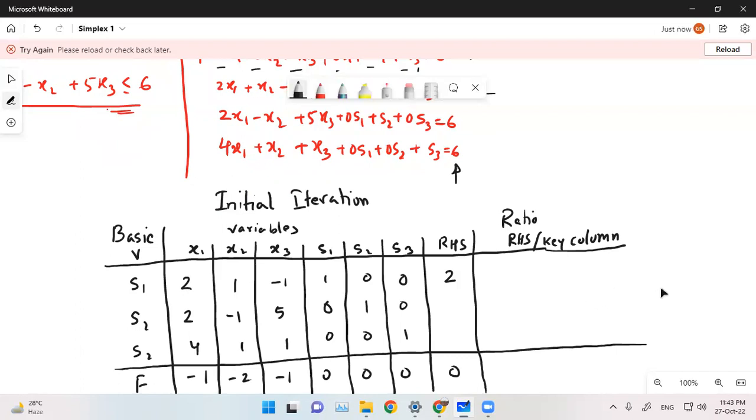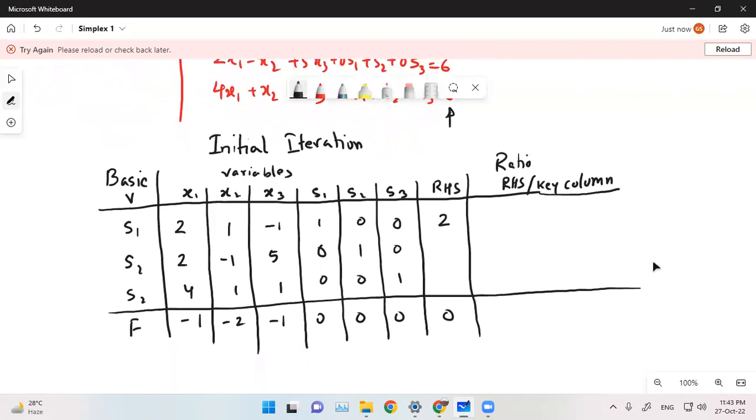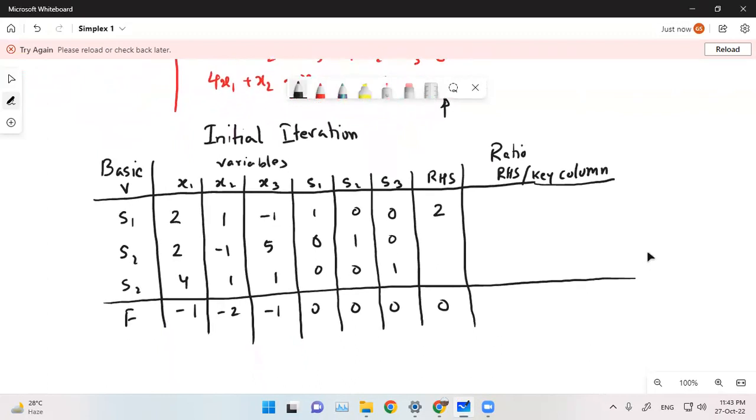Now next, what we have to do is find out the key column and key row. The intersection of that will give us the key value or key element.